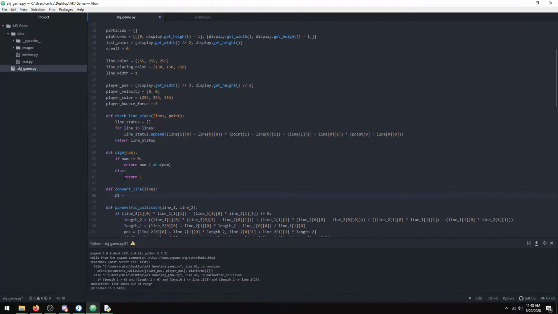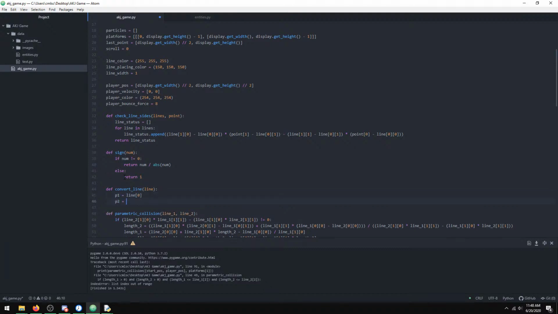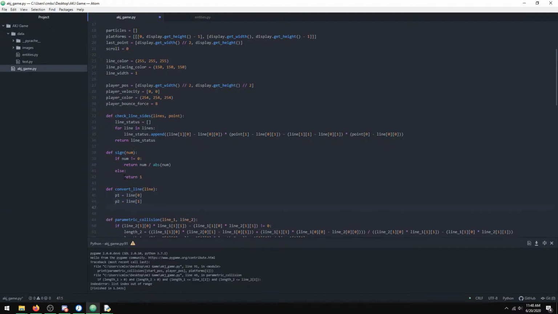So P1 equals line 0, P2 equals line 1. So the start point is going to be P1 0, P2 0.